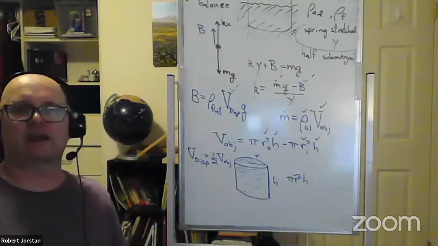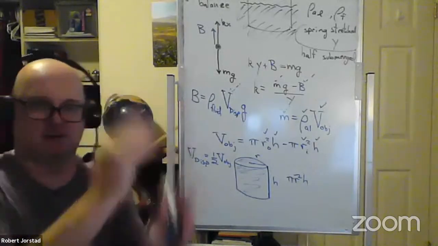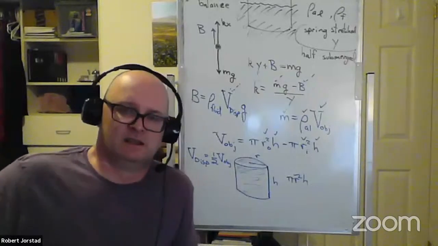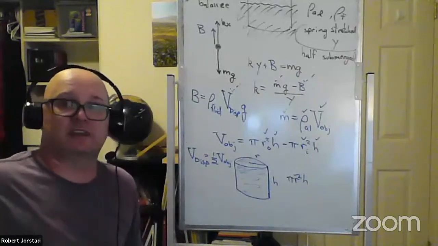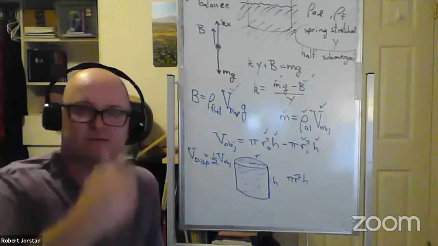I guess you could throw them at an angle or something, right? But all that does is add a sine or a cosine. You could put it so that it's touching the floor. If it was touching the floor, what would that add to this? A normal force. That's right.